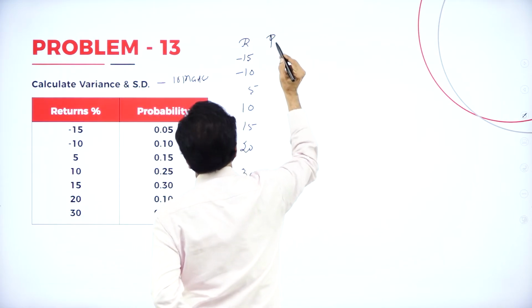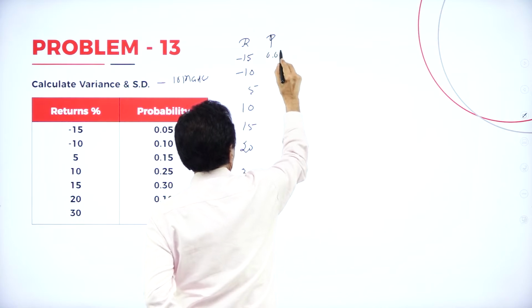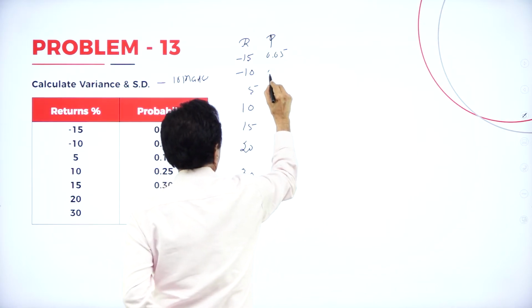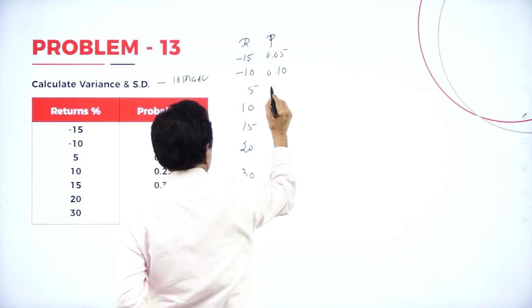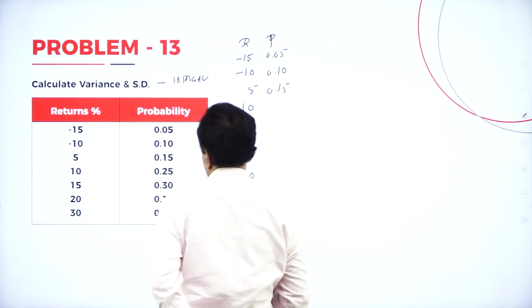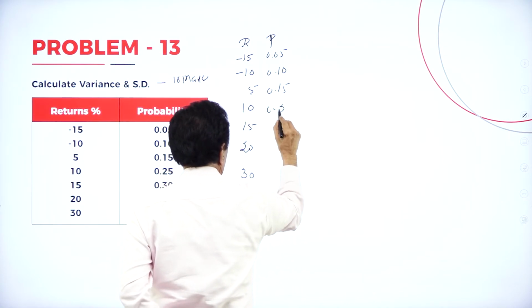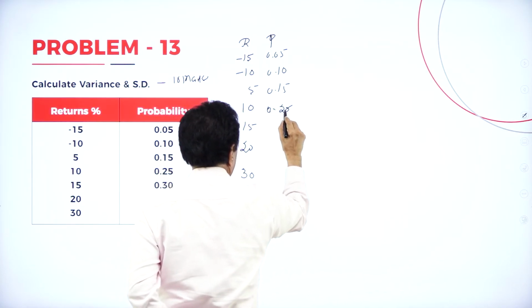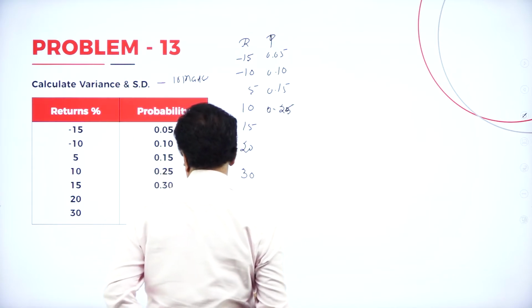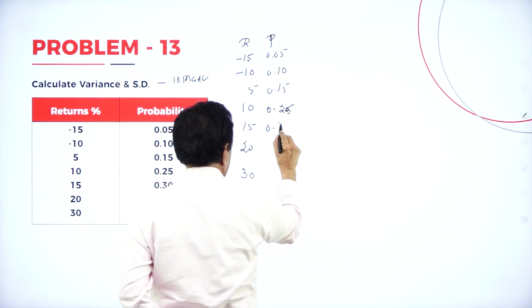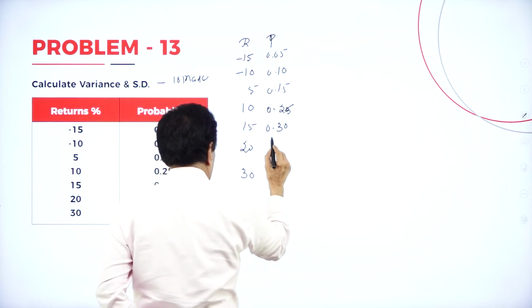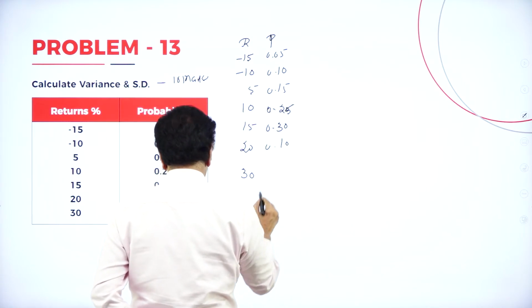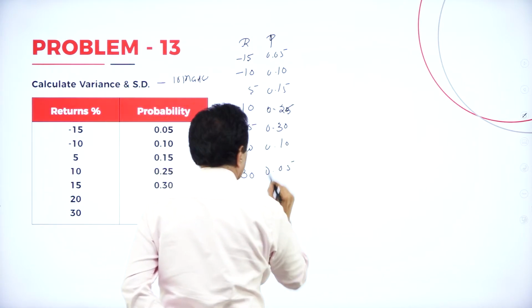Probability: 0.05, 0.10, 0.15, 0.25, 0.30, 0.10, 0.05.